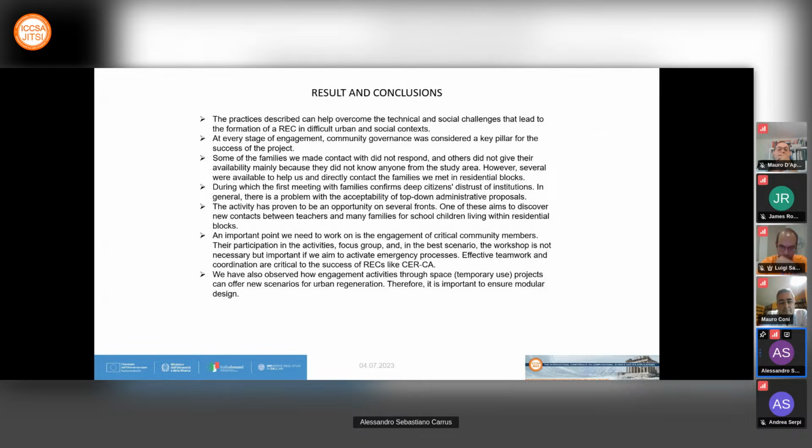To arrive at the definition of a methodology applicable in other contexts, accompanied by other specific work plans, it is necessary to begin to recognize energy communities as evolving and changing objects.